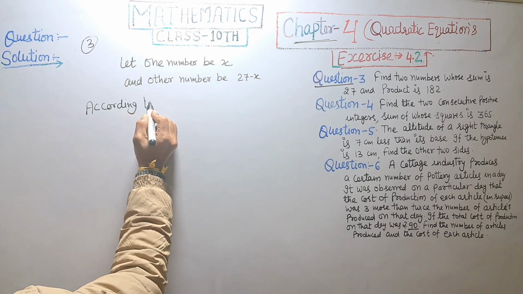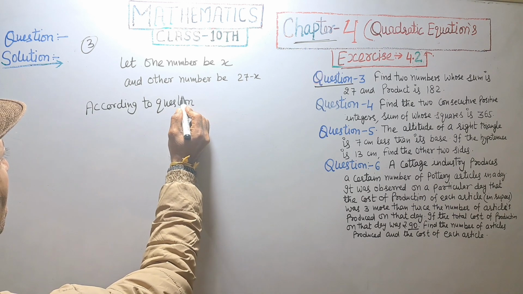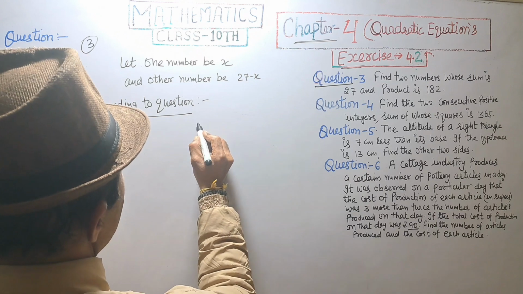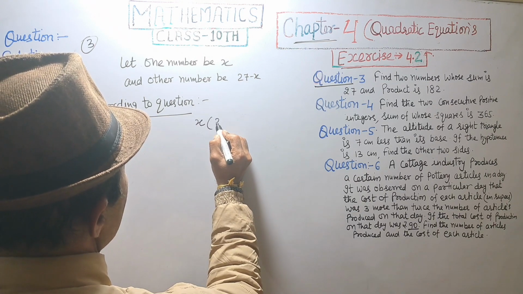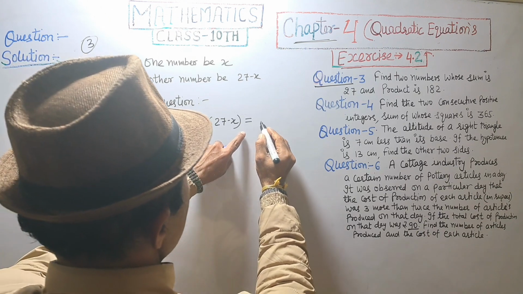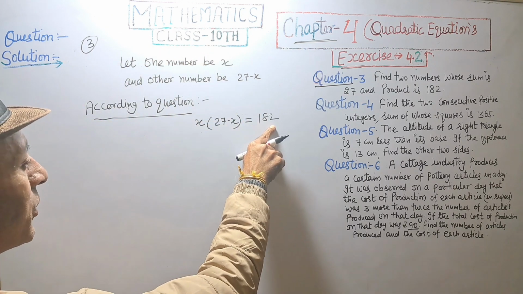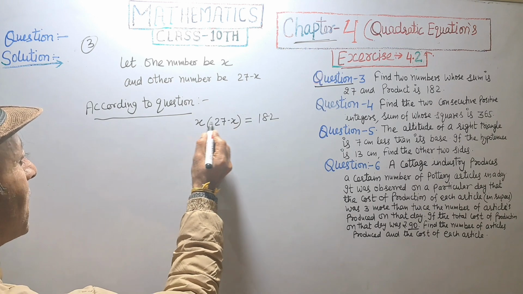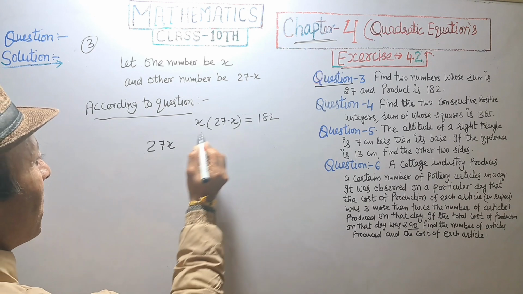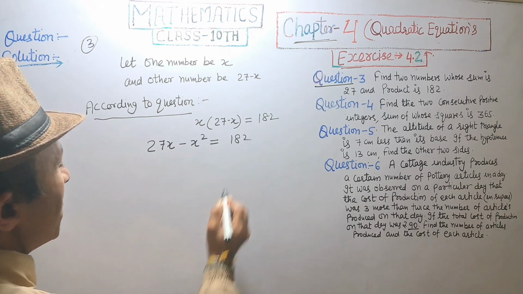According to the question, their product is equal to 182. x into 27 minus x is equal to 182. x multiplied by 27 is 27x, and x multiplied by x gives minus x square, equal to 182.